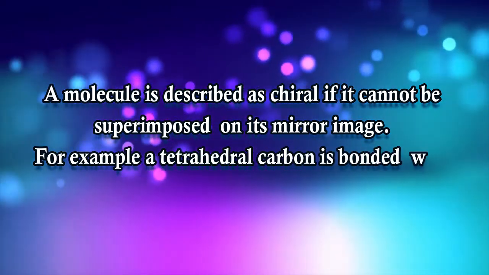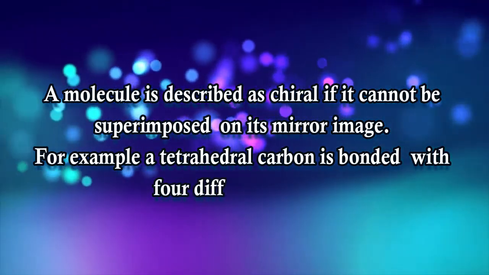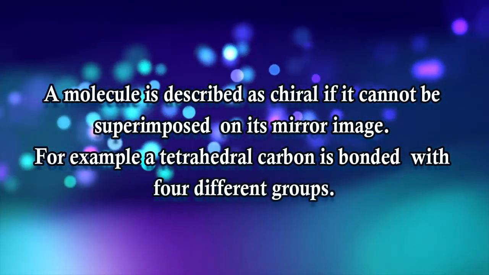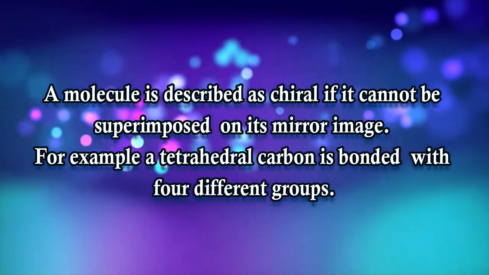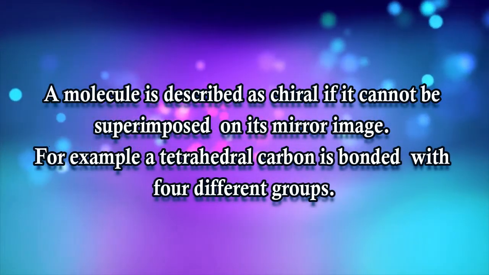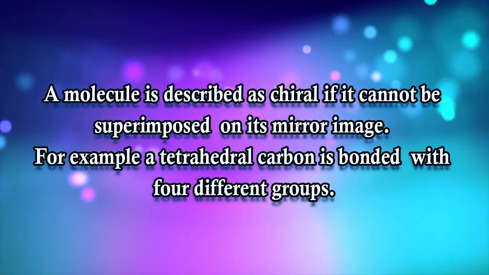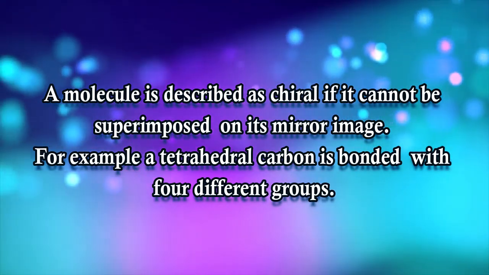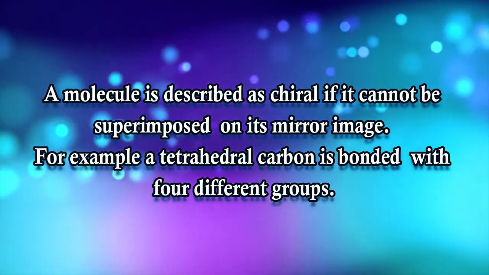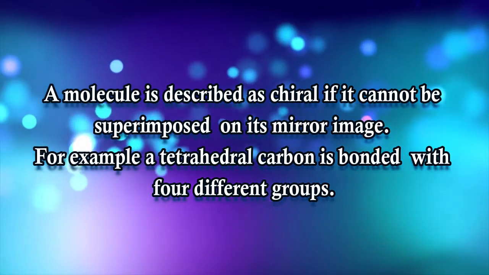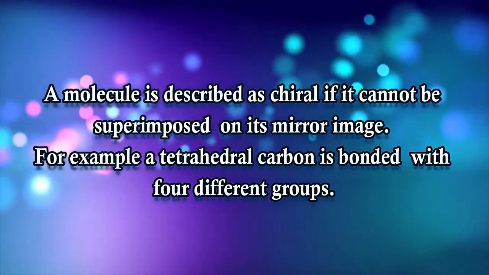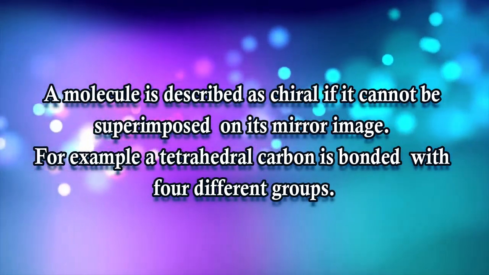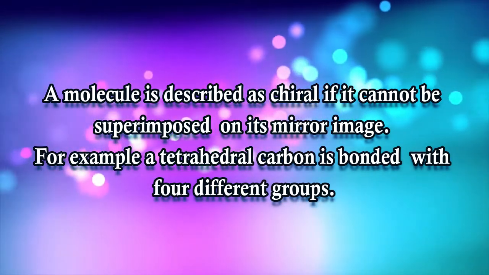If 4 different groups are present on a carbon and you take its mirror image, you can never get the exact same image. You will get the inverted or reversed mirror image. So this structure can never be superimposed on its mirror image. That is the meaning of a chiral center.